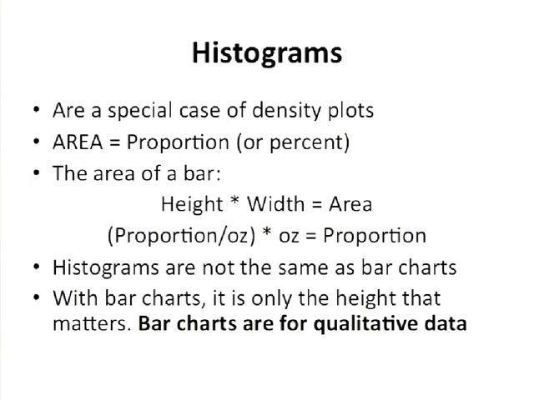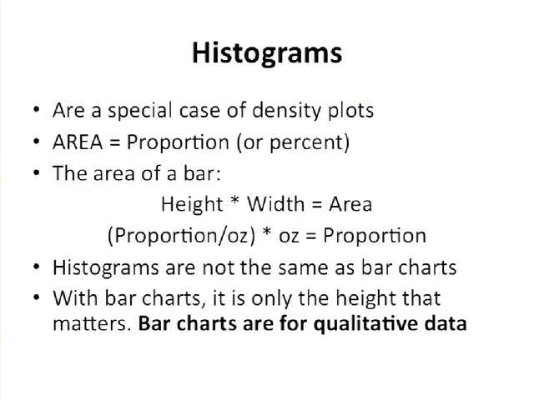With a histogram or a density plot, the height is the proportion per whatever the measurement is, such as ounces. So here's where units really help you. The height is density, which is proportion per ounce, and the width is ounces. When you multiply those together, the ounces cancel and you get proportion. Okay?